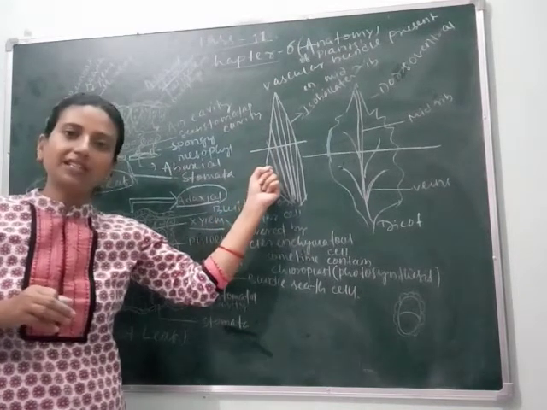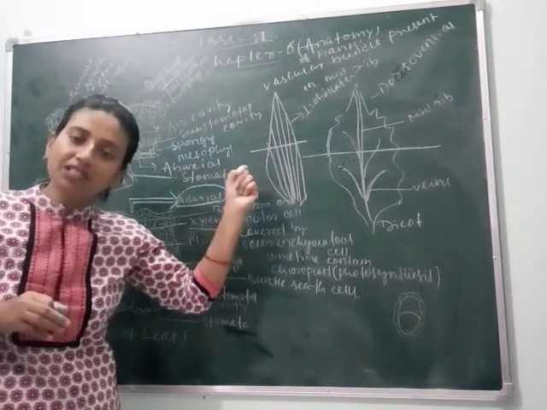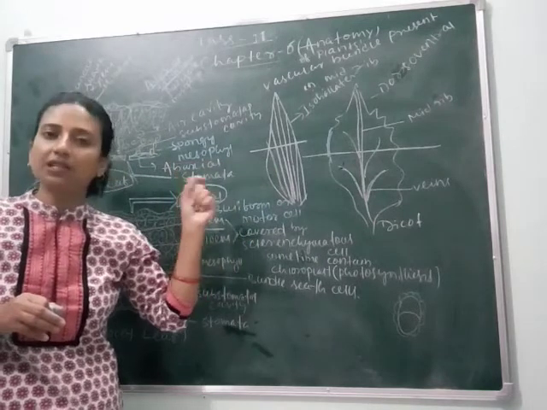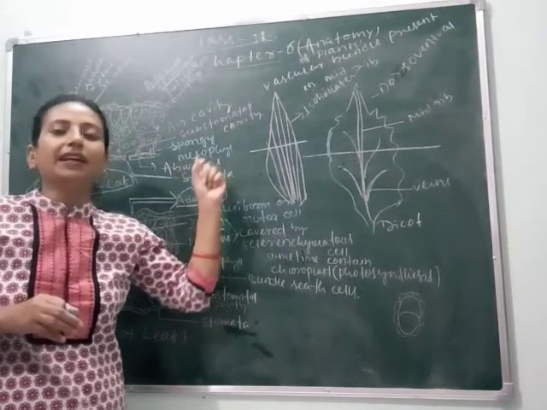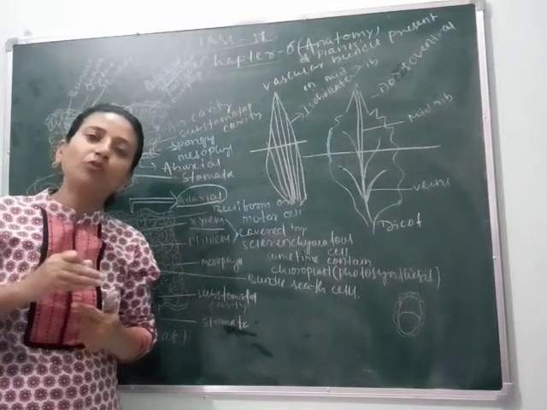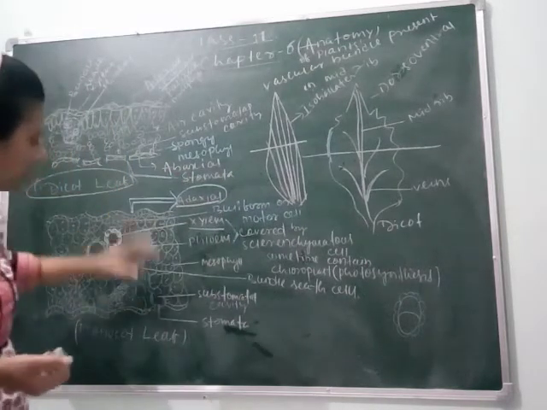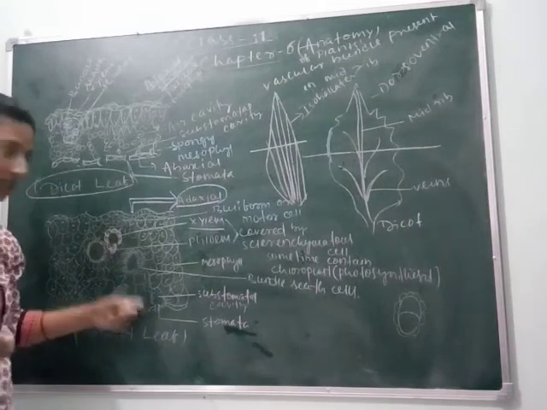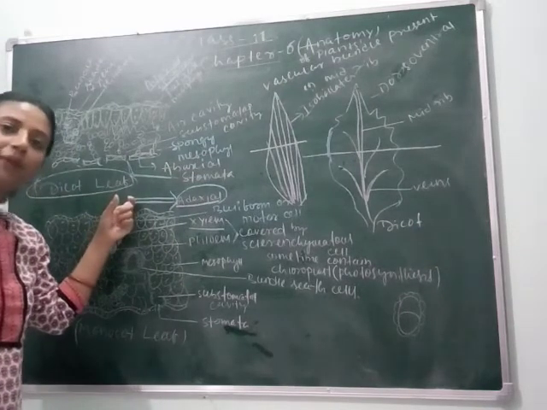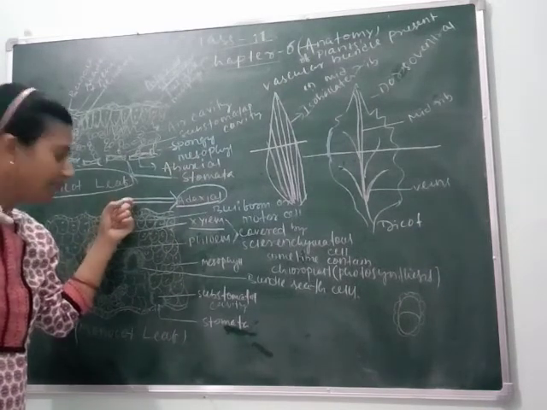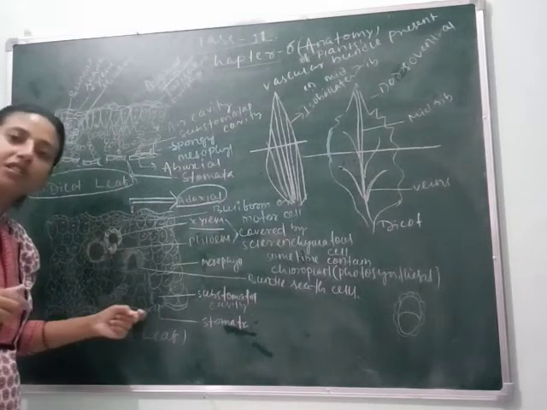On which basis is it called isobilateral? On the basis of the presence of spongy mesophyll or spongy parenchyma. In a monocot leaf, an equal amount of spongy parenchyma is present on both the adaxial surface as well as the abaxial surface. Adaxial means upper epidermis or upper surface of the leaf, and abaxial means lower surface of the leaf.